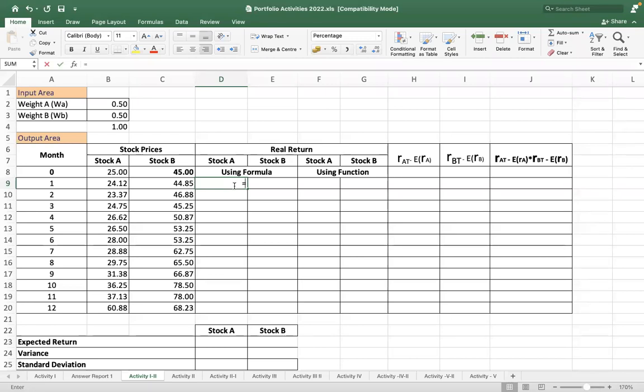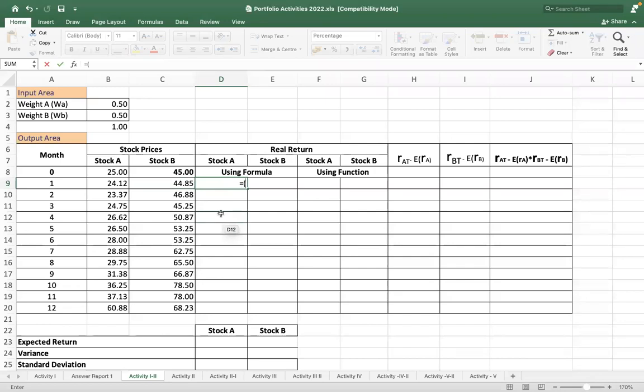So let's apply this, starting from the initial prices, 25 and 45. In the first month, stock A becomes 24, and stock B price becomes 44.85.